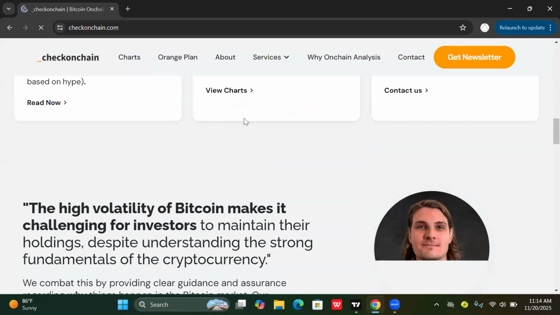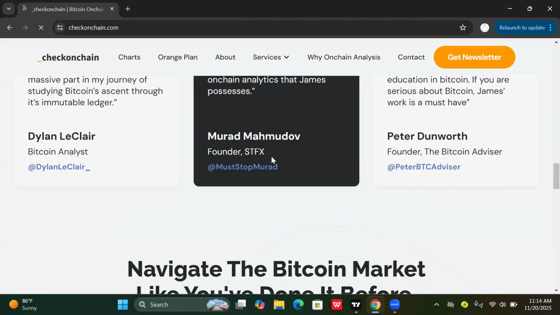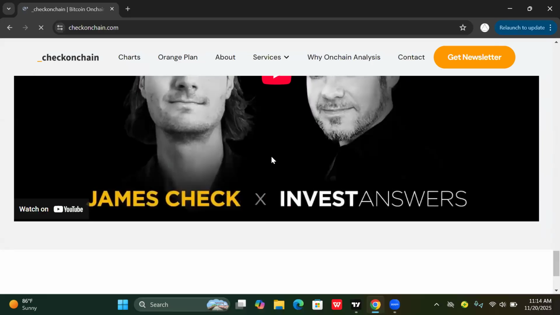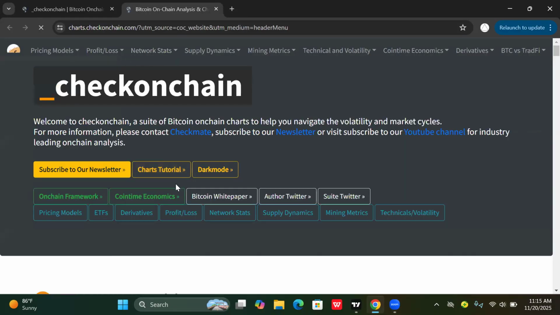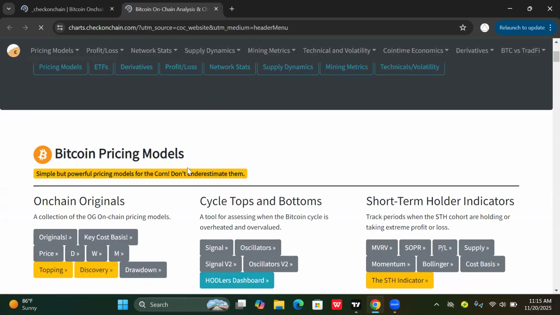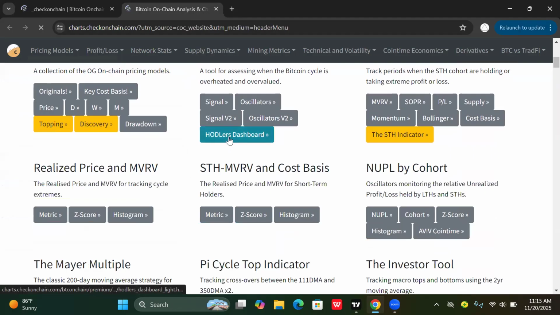Why on-chain analysis? We'll go to charts, Bitcoin on-chain analysis. Oh, we go to the HODLer's dashboard, or to oscillators, the STH indicator in the originals.